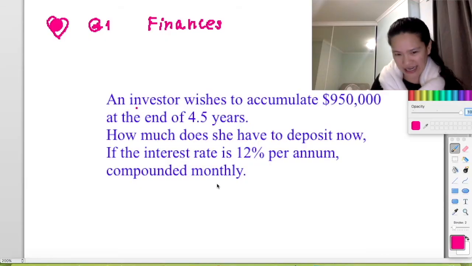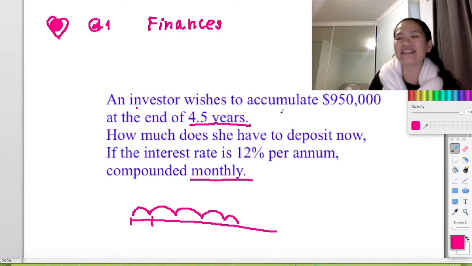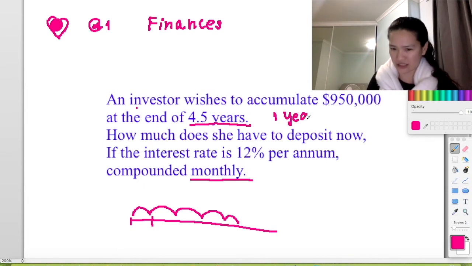The wording is very tricky. Compound monthly means you're going to get the money every month of the year. And one thing you have to know is that in 1 year, we have 12 months, okay?